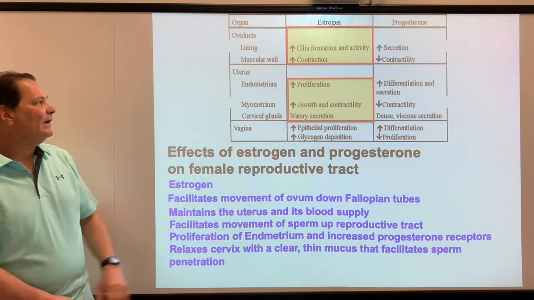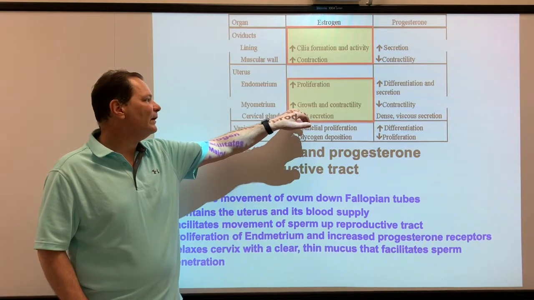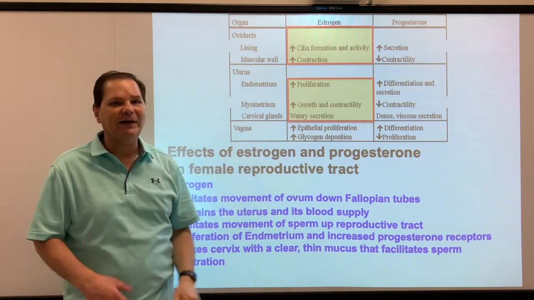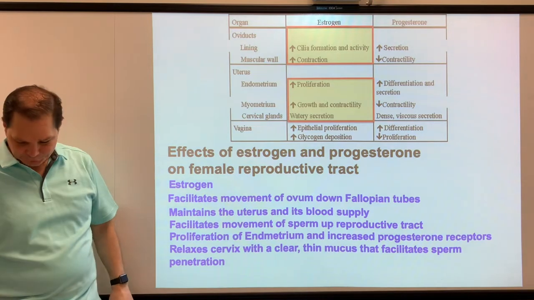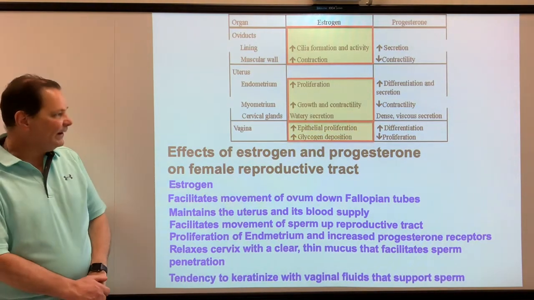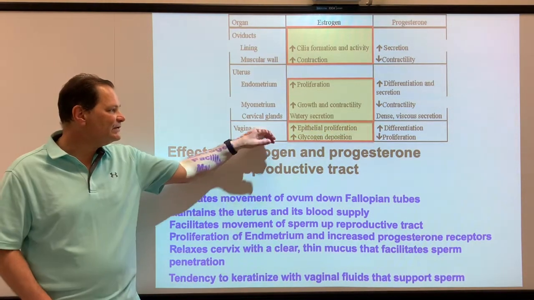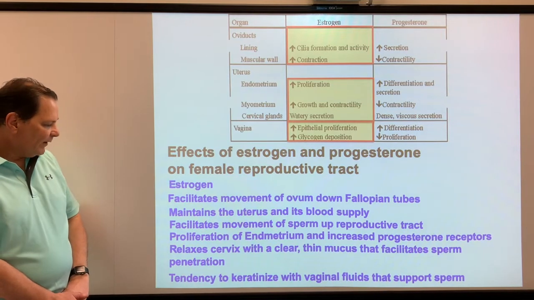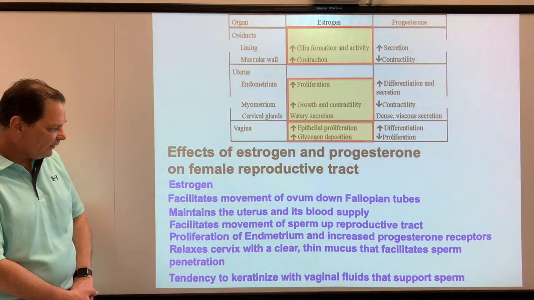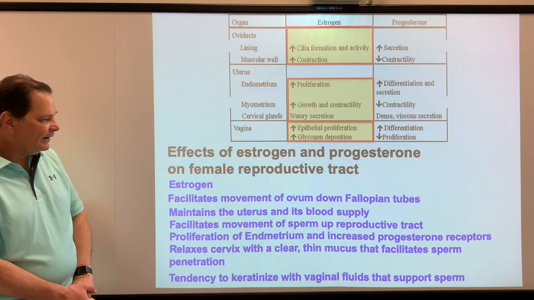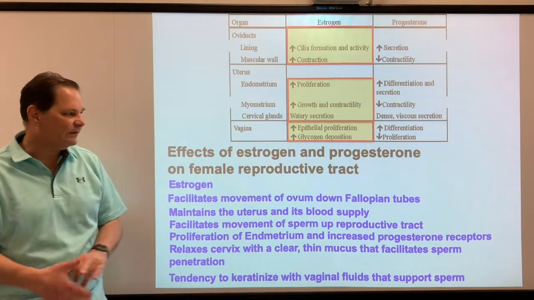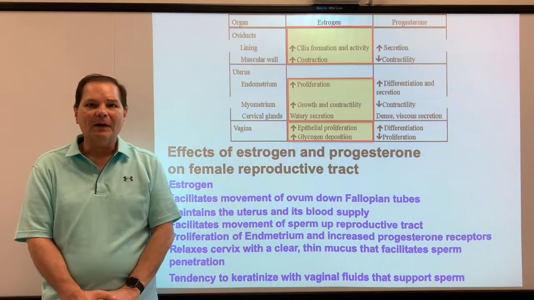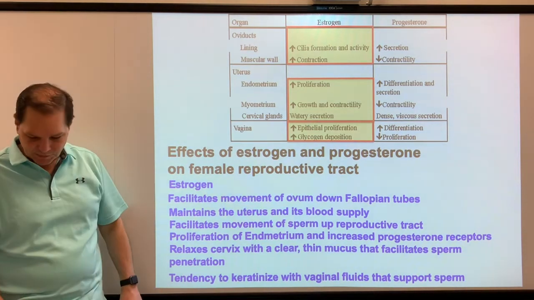Okay, so we have an increased proliferation of the myometrium, increased contractility, and it makes the cervix easier for the sperm to get through. And finally, we have changes in the vagina as well. We have a tendency to keratinize, and the vaginal fluids change such that they're better able to support sperm movement up the tract, okay?